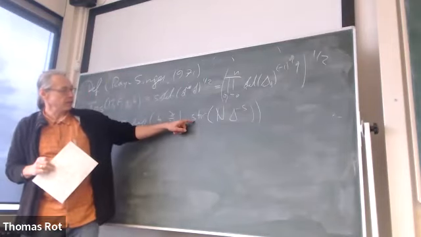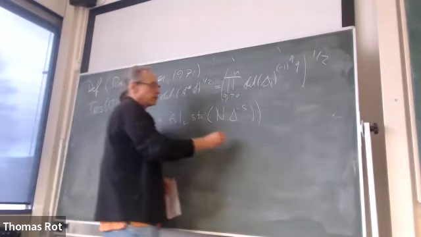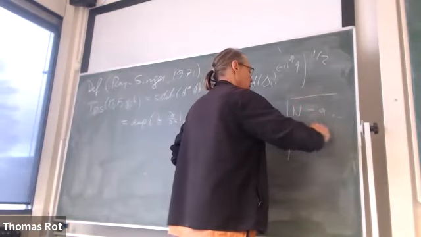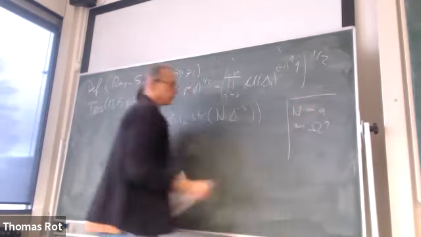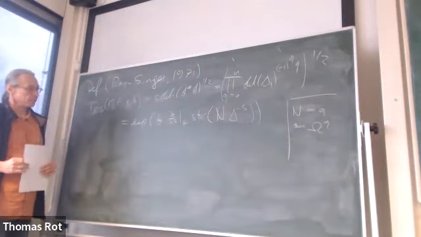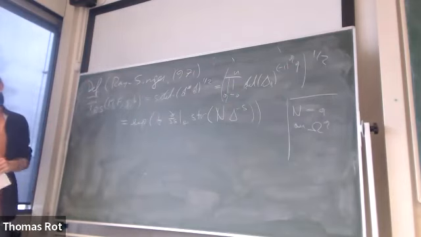So the S here stands for graded trace, so we introduce a sign, minus 1 to the power q, and n is just q on q-forms. So that's the rigorous definition. That makes sense if you put all this analysis in.